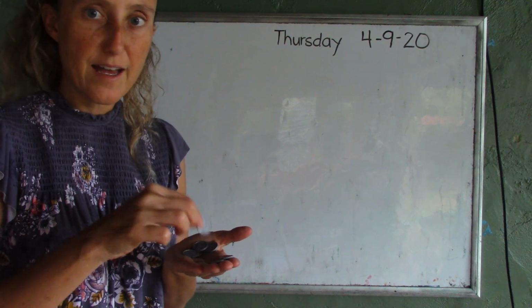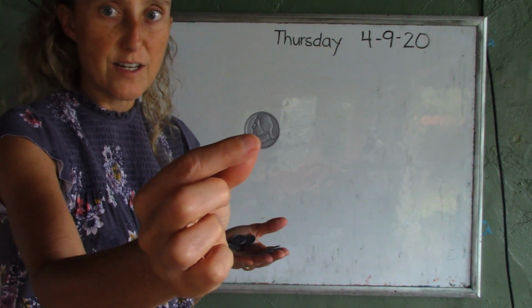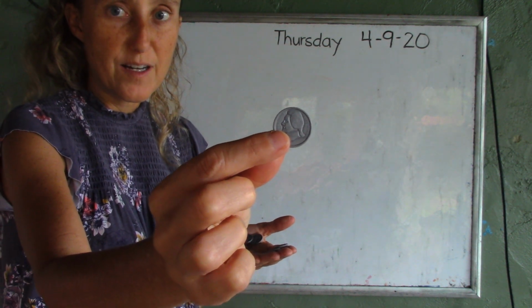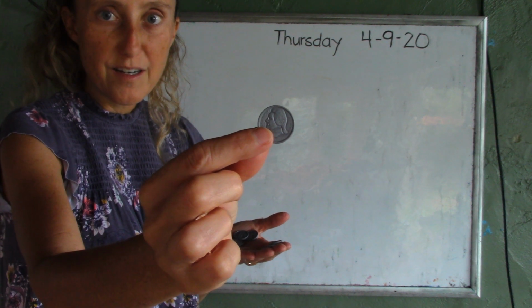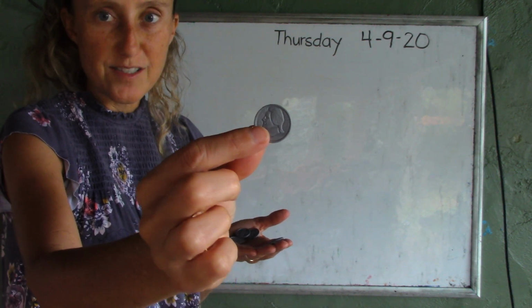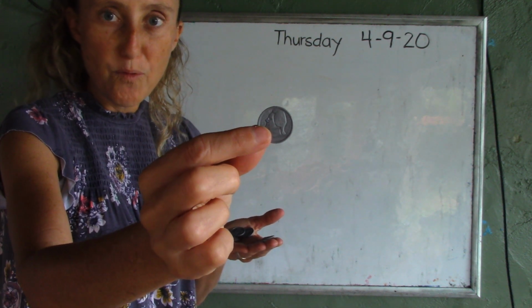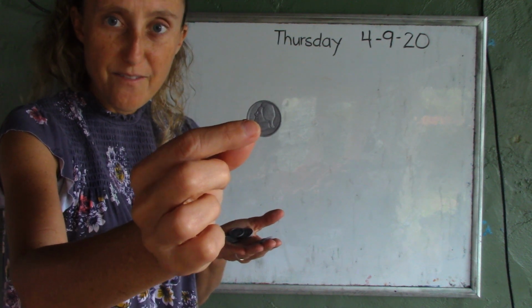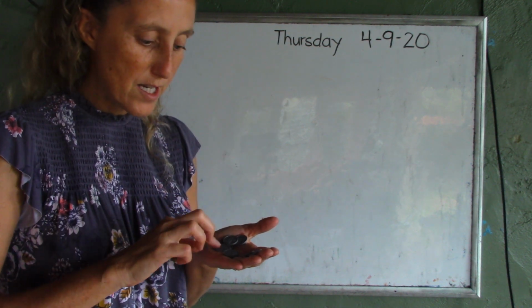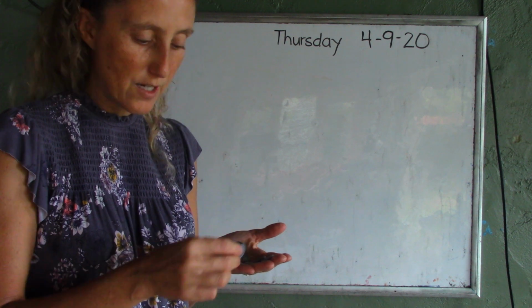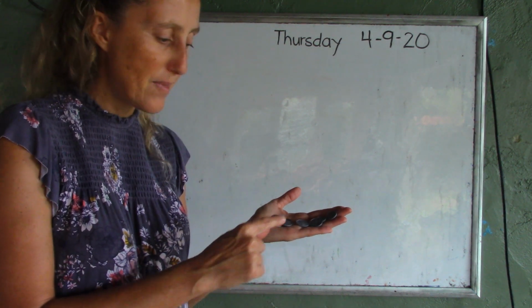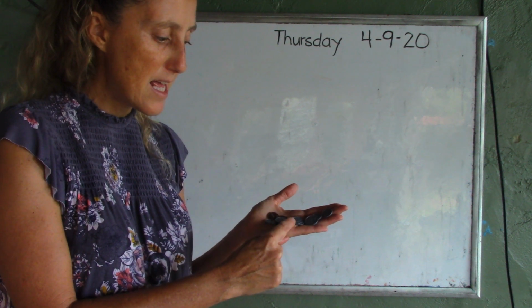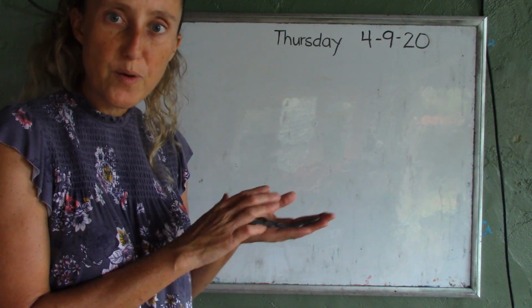Now I also have some of these little guys right here. They're a little bit bigger than the dime, but they're worth less. So these are nickels. And nickels are worth how much? 5. You're right, 5. And I have 1, 2, 3, 4 nickels. So if I have 4 nickels, let's count by 5s. 5, 10, 15, 20.